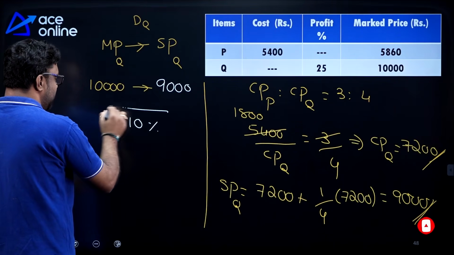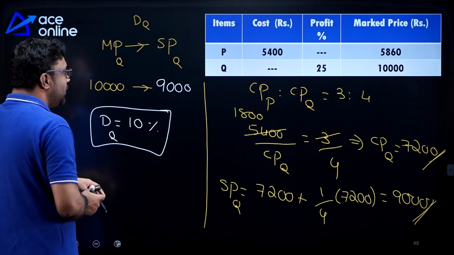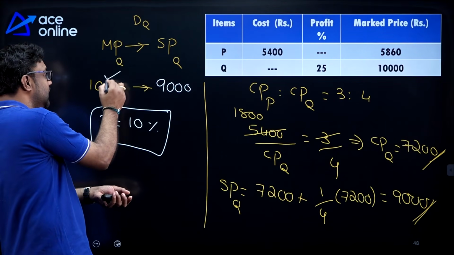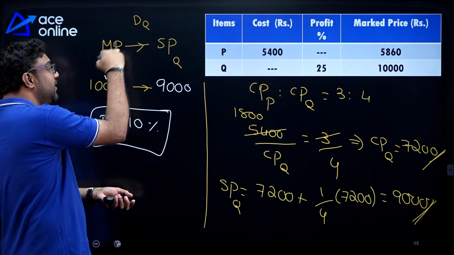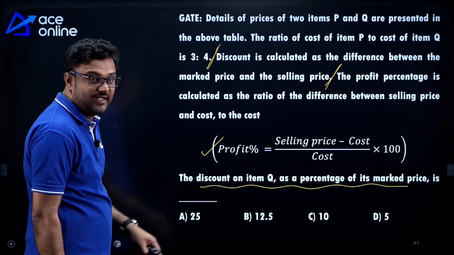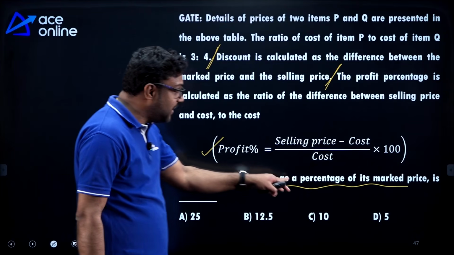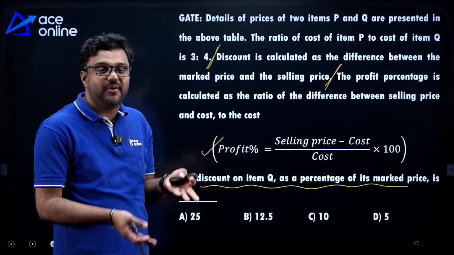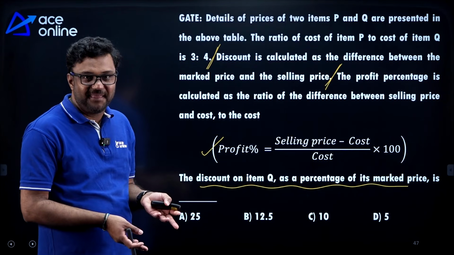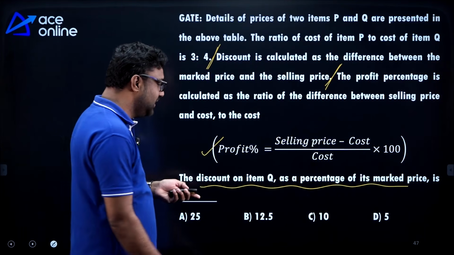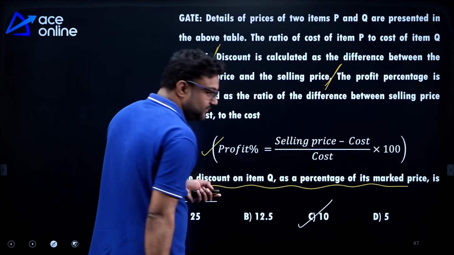Discount of Q is 10%, or discount is 1,000 divided by 10,000. Discount should always be given on marked price or labeled price. You can clearly see the discount of Q as a percentage of marked price. If not given also, by default we have to do it on marked price only, right? 10% is the answer. Option C is correct here. Got it?